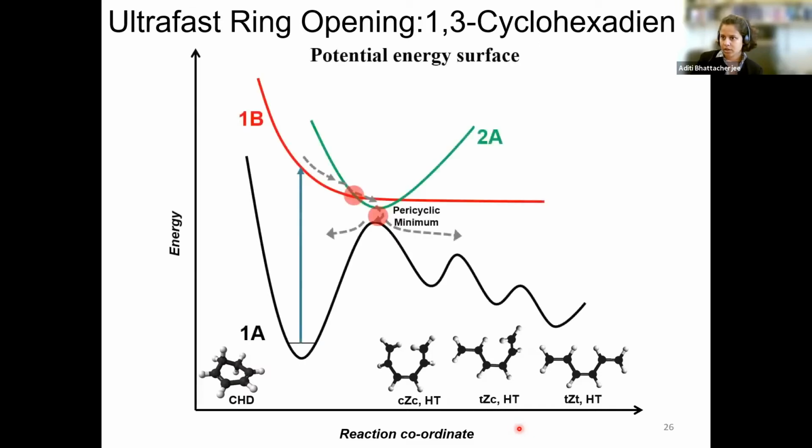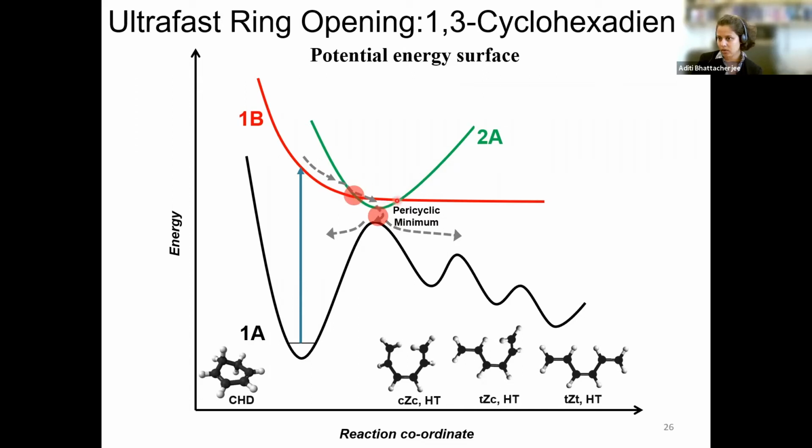The potential energy surface for this reaction is very well known. And so what is known is that at 266 nanometer, we populate the 1B, which is a pi star excited state. And then there is very fast departure from the Franck-Condon excited area. So in this configuration, there's very fast departure of the wave packet, at which point it crosses the 2A dark state.